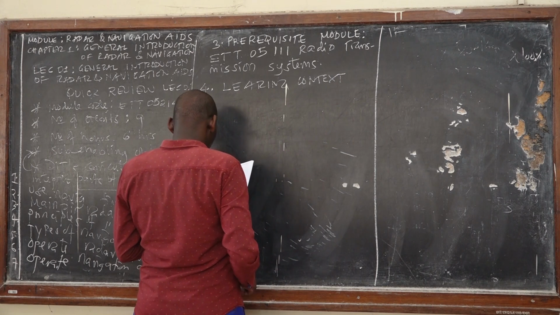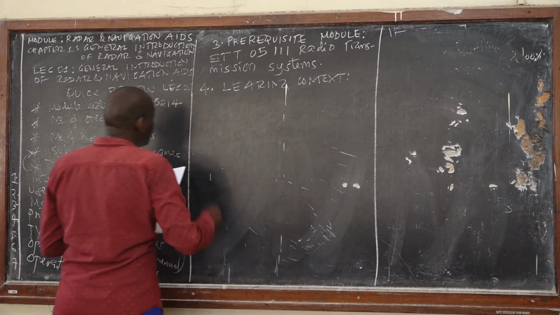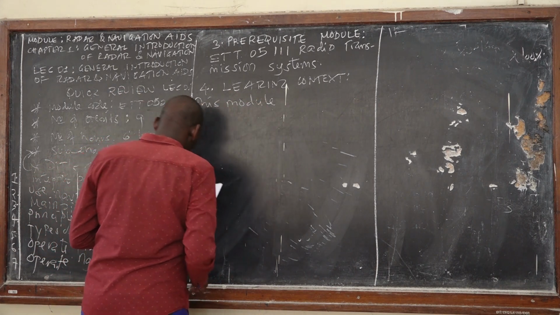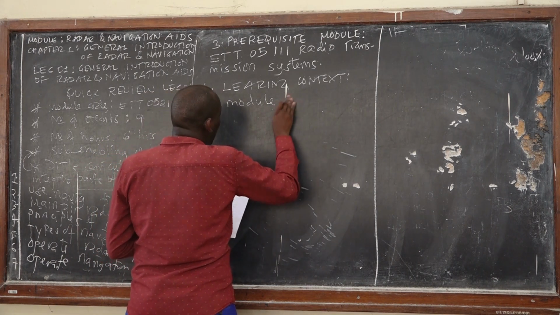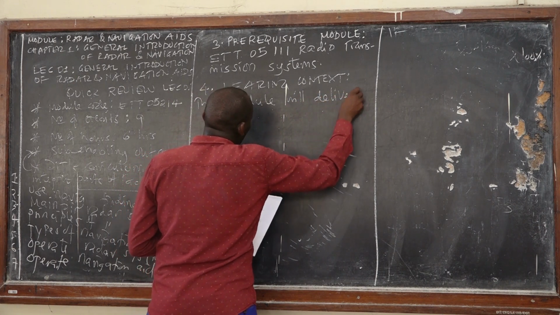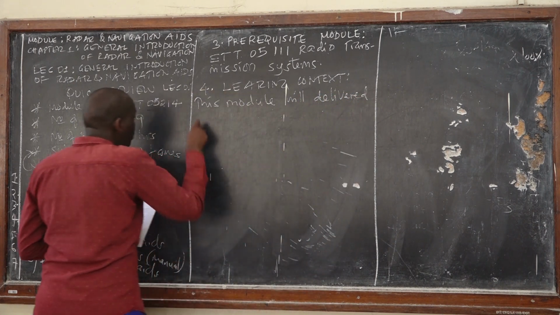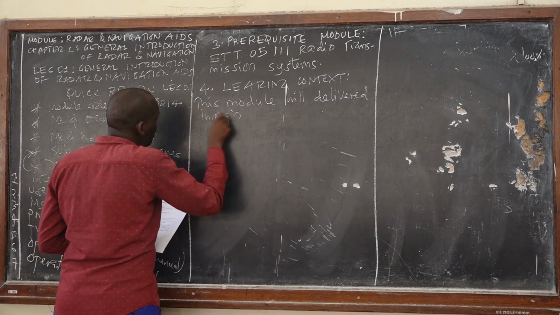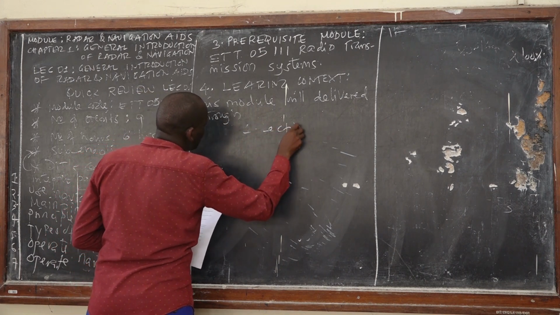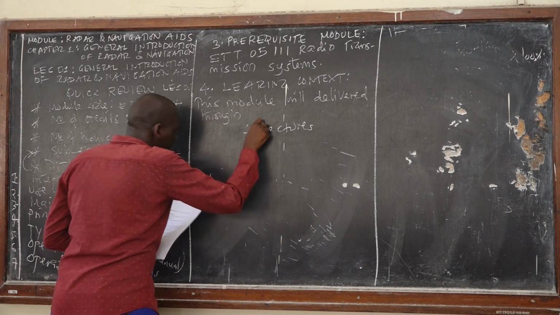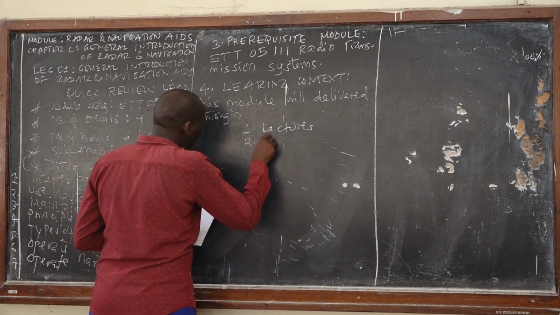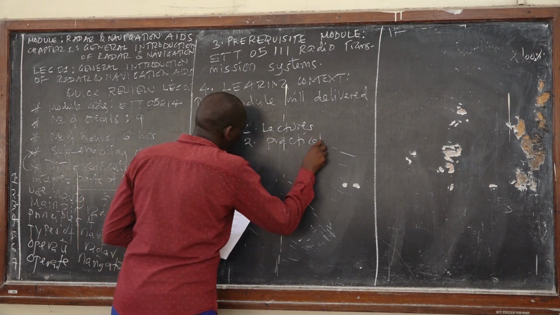This module of radar and navigation, not radio transmission system, will be delivered through, number 1, lectures, like the one I am doing right now. This module also has to be delivered through practical works.